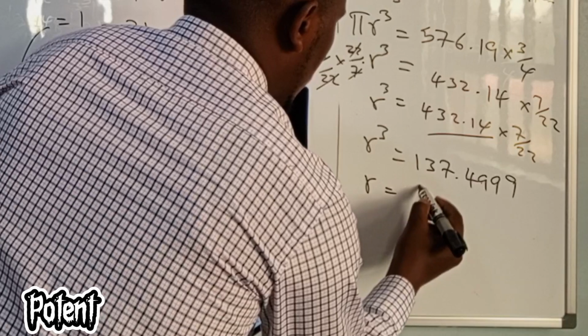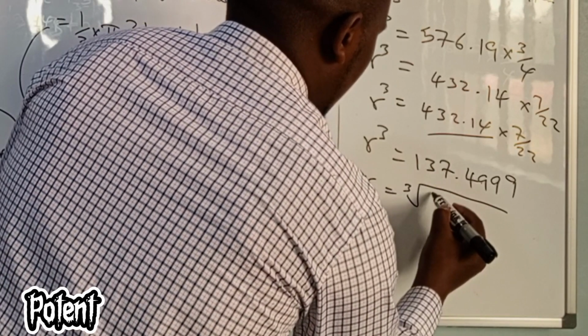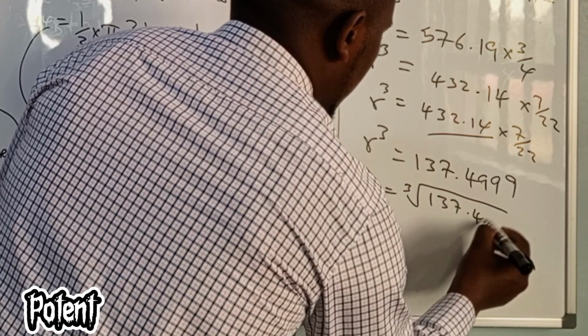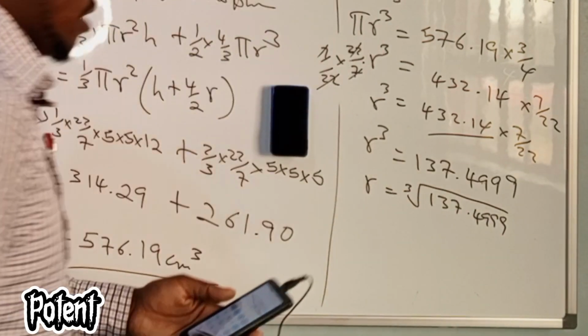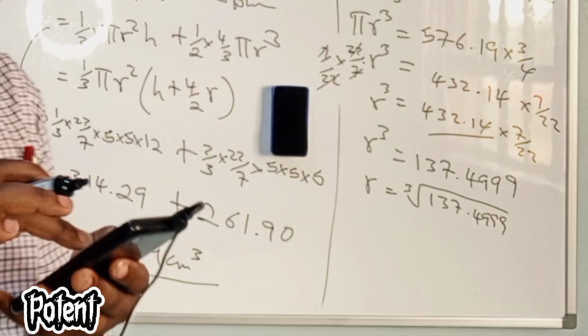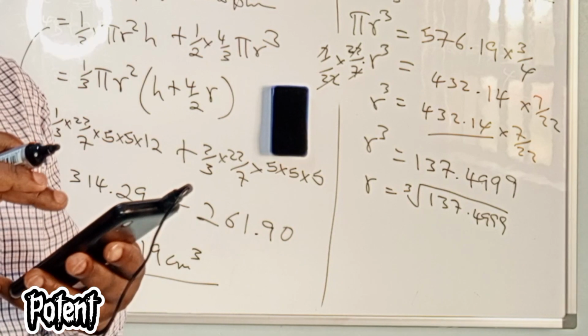So what is r? R is equal to the cube root of this answer. Okay? Now, I don't know whether I'll have the cube root of this in my calculator.